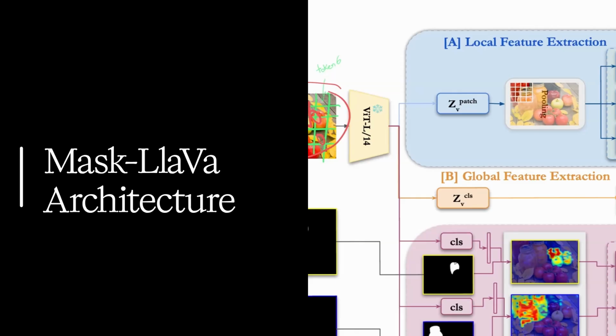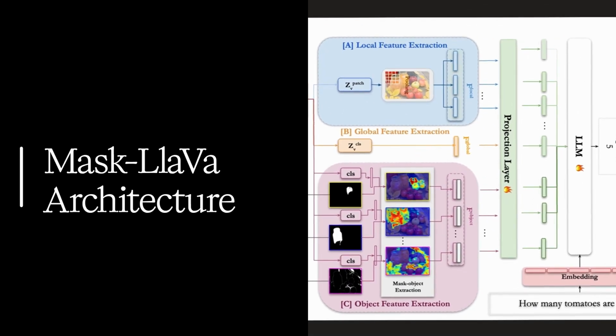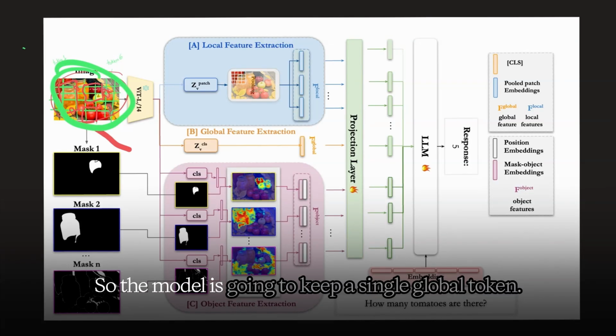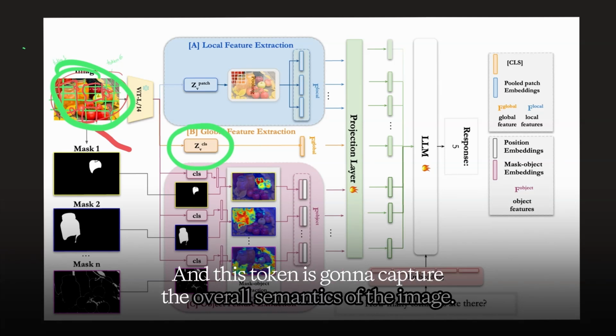Let's zoom out a bit and look at the architecture of Mask-LLaVA. First, at the highest level, we want a summary of the entire scene. So the model is going to keep a single global token. It's similar to the CLS token. And this token is going to capture the overall semantics of the image.